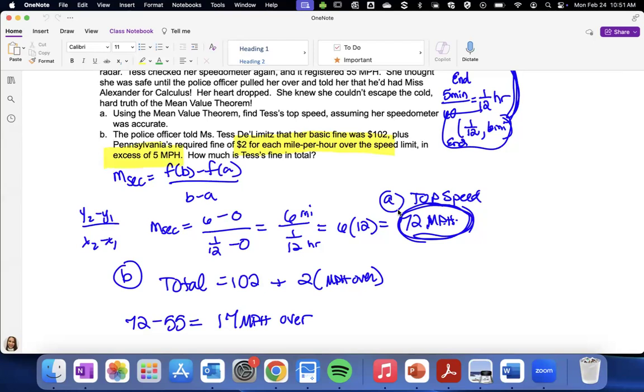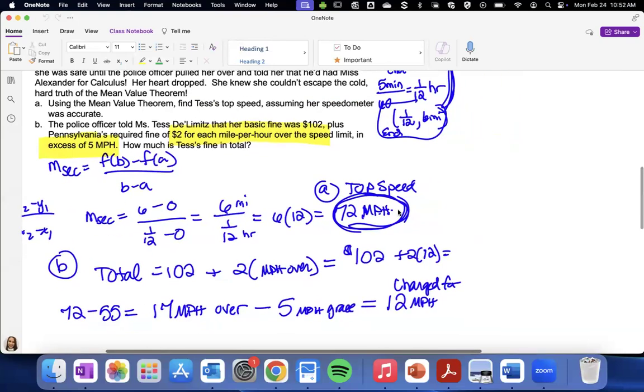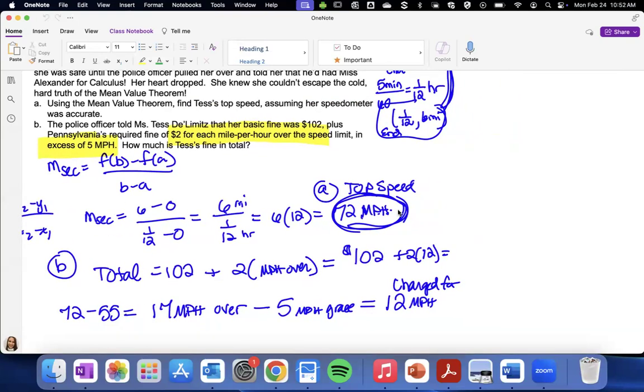So she gets a grace: minus the 5 miles per hour grace, she's technically going to be charged for 12 miles per hour. So what's that going to be? $102 plus 2 times 12. 102 plus 24 is $126.